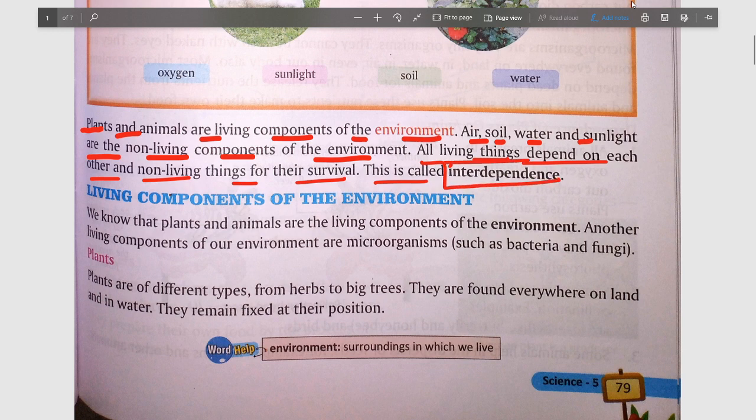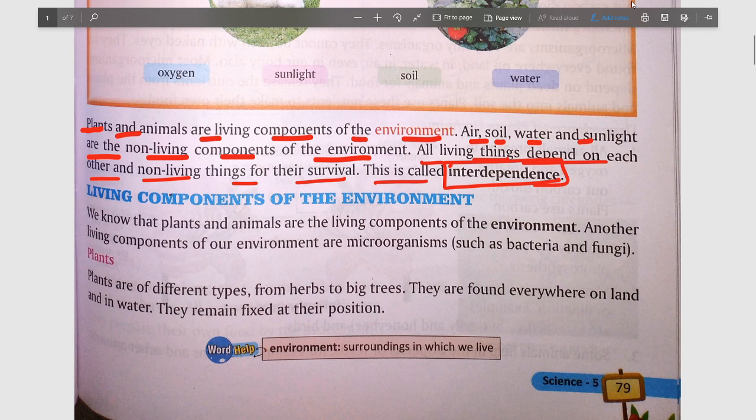So what is interdependence? Interdependence is when we depend on one another for our basic needs. For example, children are dependent on their parents for their basic needs. Suppose you want a book, you want copies, you want a pen, and so many things.